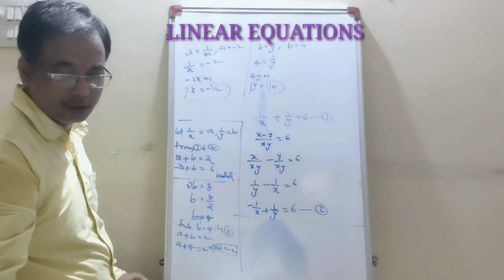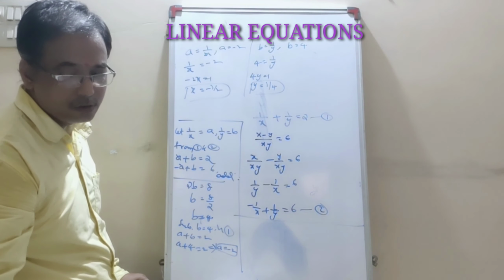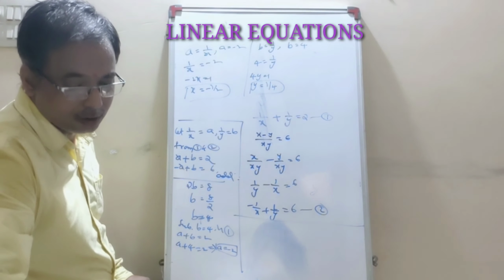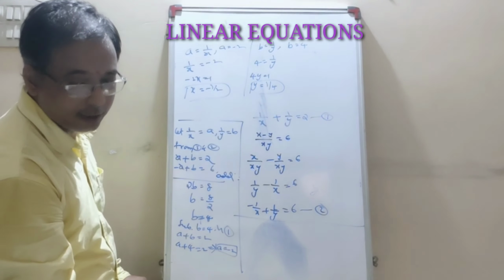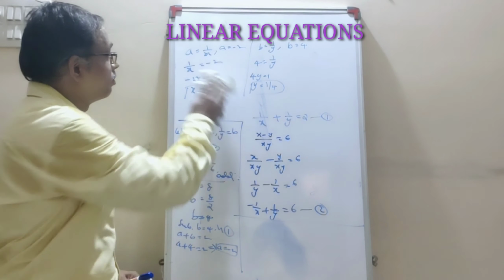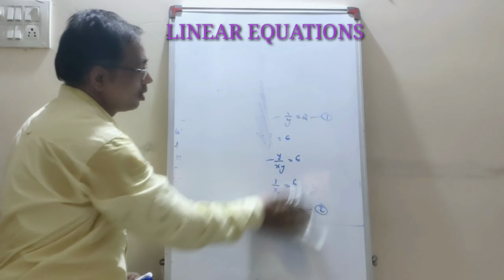And next, the other topic is quadratic equations. In quadratic equations, we may get 2 marks or 1 mark on the quadratic formula and on the discriminant. So first of all, let us see a quick revision on the quadratic equation. So what is a quadratic equation?